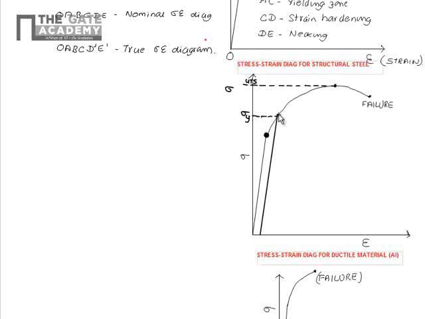Therefore, what we tend to do is use a method called 0.2% offset estimation of yield stress.